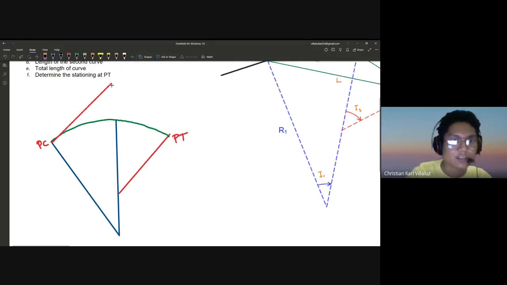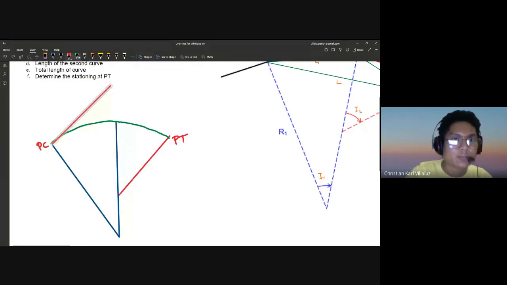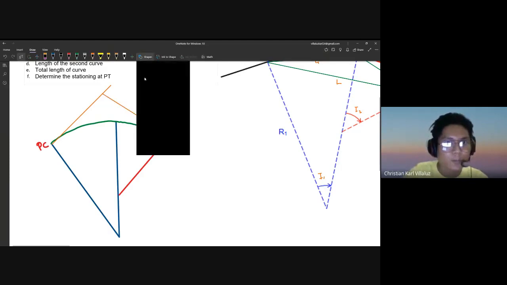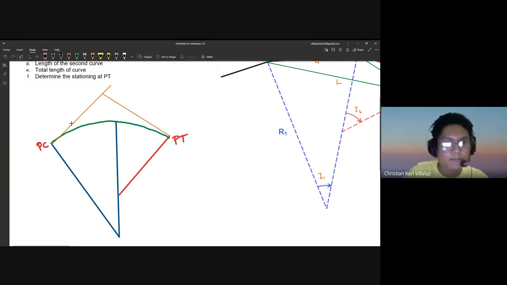Okay, tangent yan. Tapos, tangent din dito. Yun na yung angle of intersection. Tapos, patungan nyo ng common tangent. So, yan. Adjust na lang natin. Yan, common tangent.